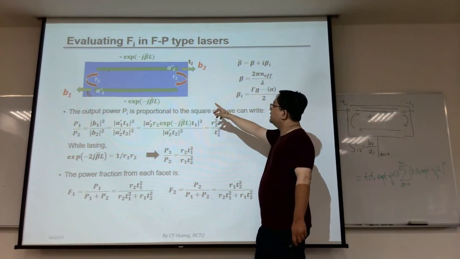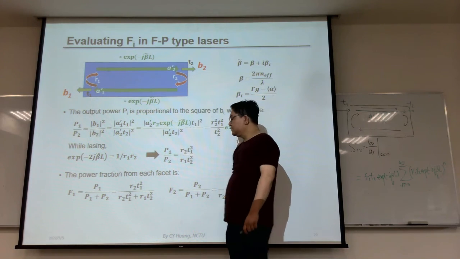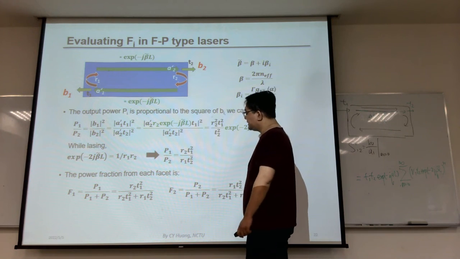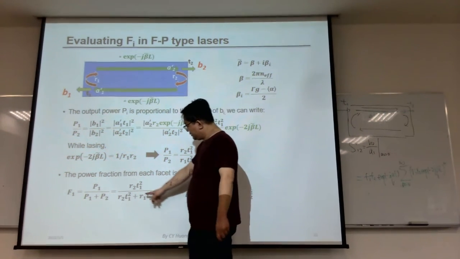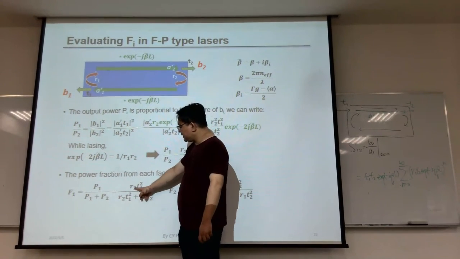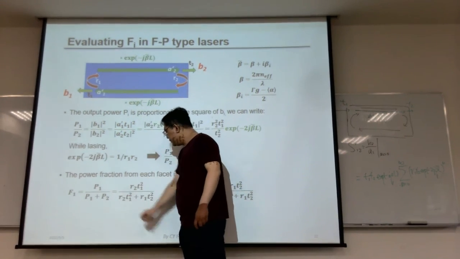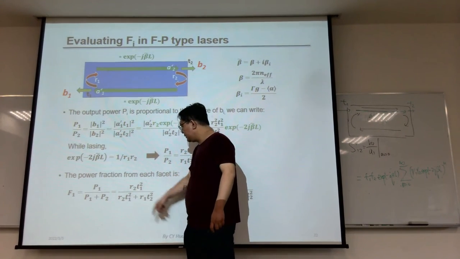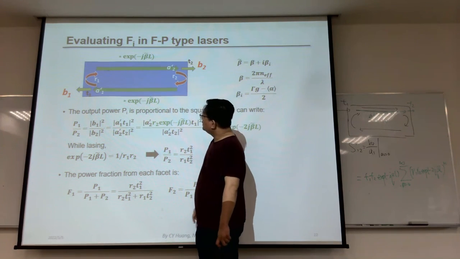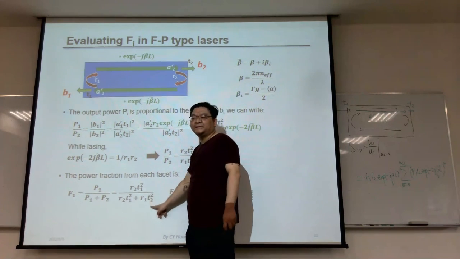Let's say R2 is 1, but R1 is finite, some number less than 1. If R2 is 1, then T2 is 0.